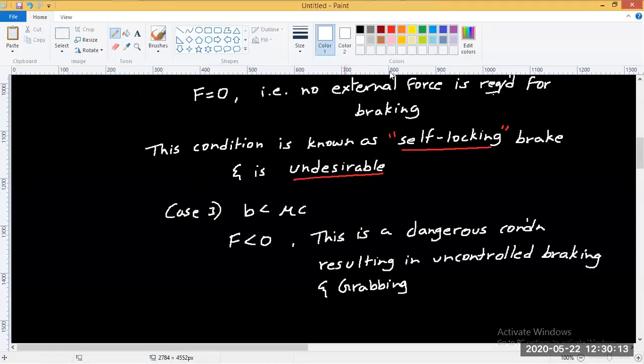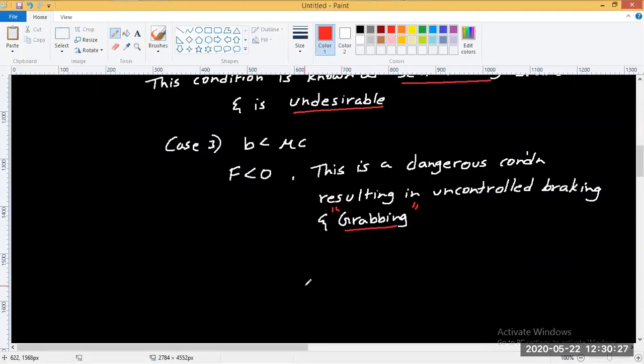This also might be asked for like 2 marks. Grabbing: the shoe just grabs the entire sheave, and thereby there's no possibility of even moving the vehicle. So these are the 3 conditions, which should be taken care of when you're designing.